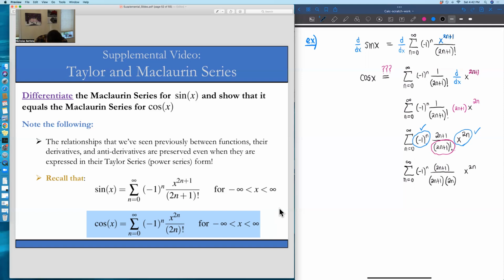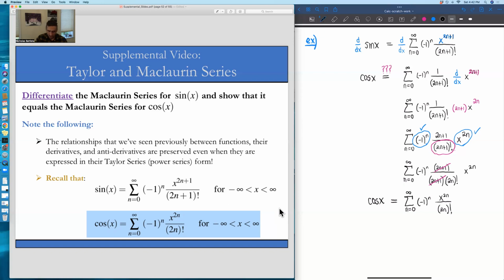So what we see happens is those 2n plus 1s will cancel each other from the numerator and denominator. On the right-hand side, we're left with a series from n equals 0 to infinity, minus 1 to the n, we now have x to the 2n all over 2n factorial. And this series is the Maclaurin series for cosine.